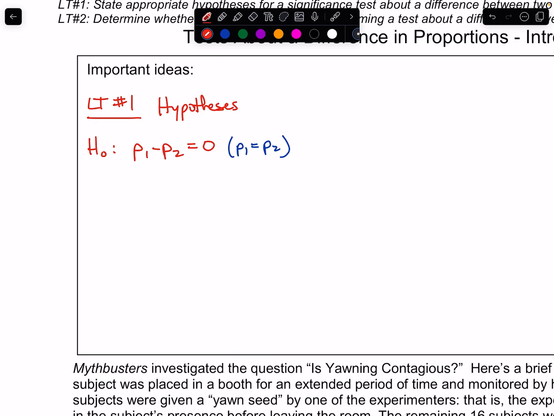But we could have 3 different alternative hypotheses, depending on the problem and what we're trying to prove. Our first alternative hypothesis would be that P1 minus P2 is less than 0, which would mean that P1 is less than P2. P1 is the smaller number.